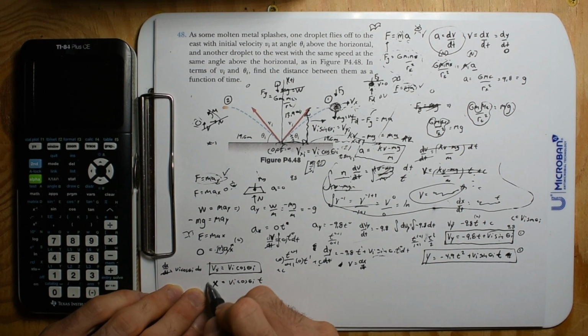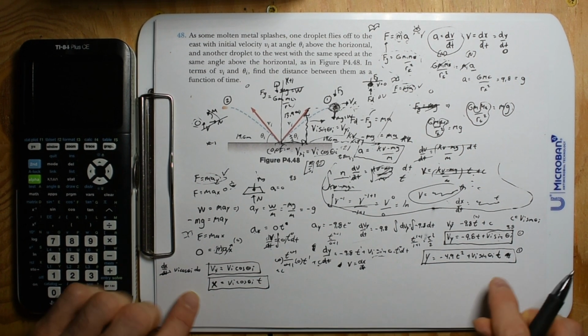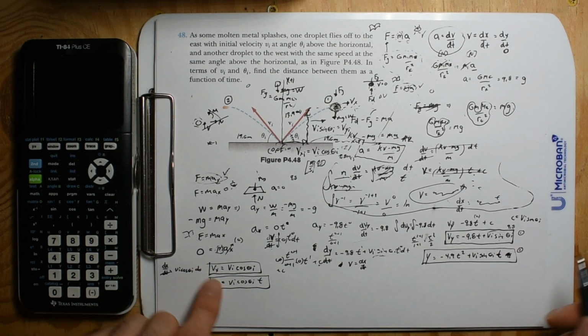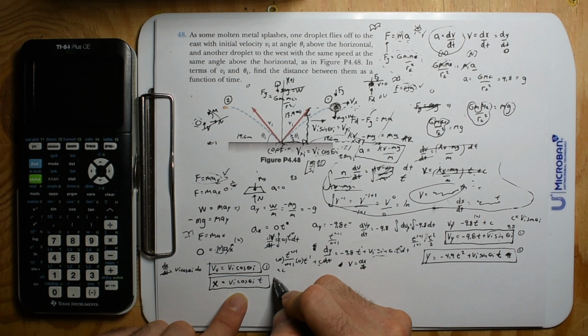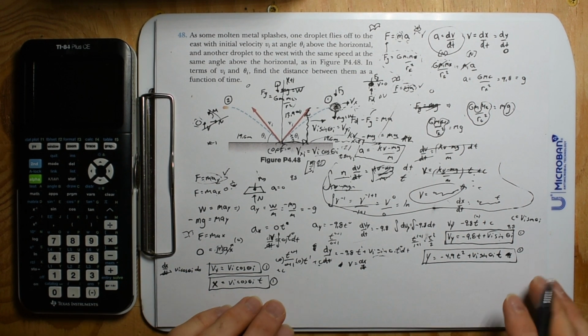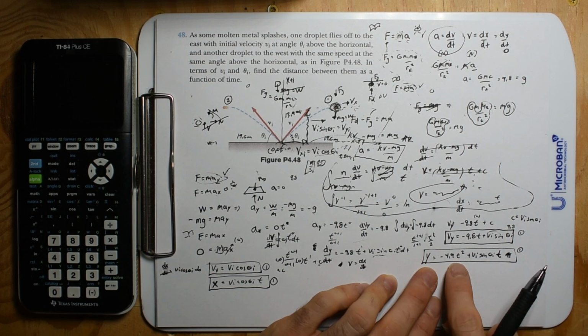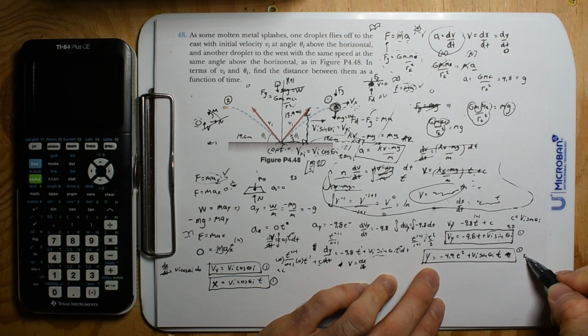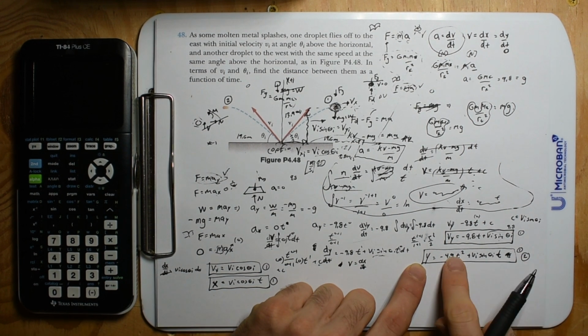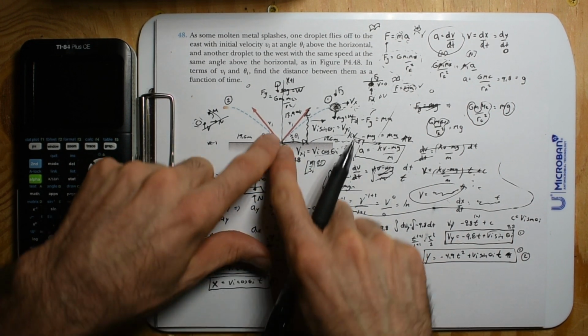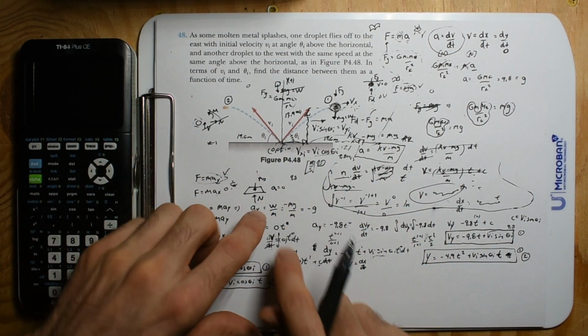So now we have another two equations: velocity in the y and velocity in the x, and this is for droplet 1. By similarity, we know that the equation for droplet 2 in the y is the same, because it just goes up and down. It never goes below the horizontal.